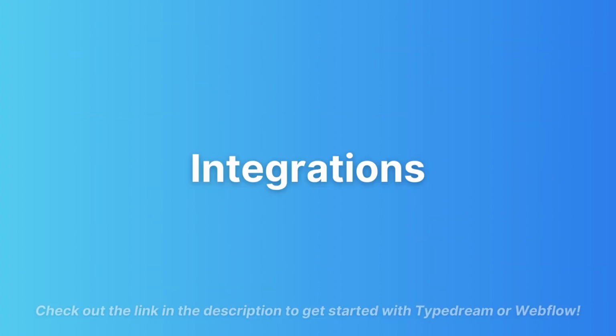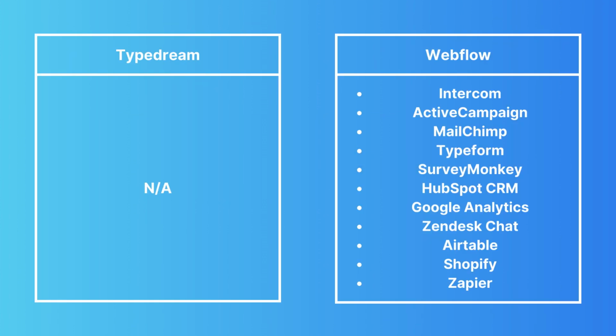So now let's look at the integrations. This is really annoying because Typedream does not offer any integrations. Webflow offers a lot, and I've listed some of the most popular, such as Instagram, ActiveCampaign, Mailchimp, Typeform, SurveyMonkey, HubSpot CRM, and Google Analytics, which is really nice.